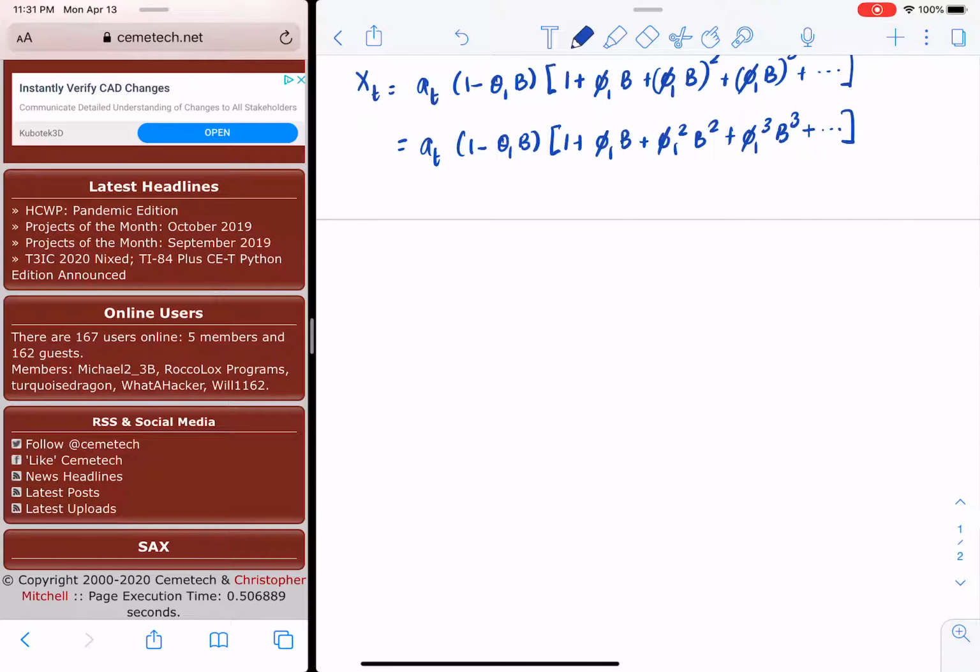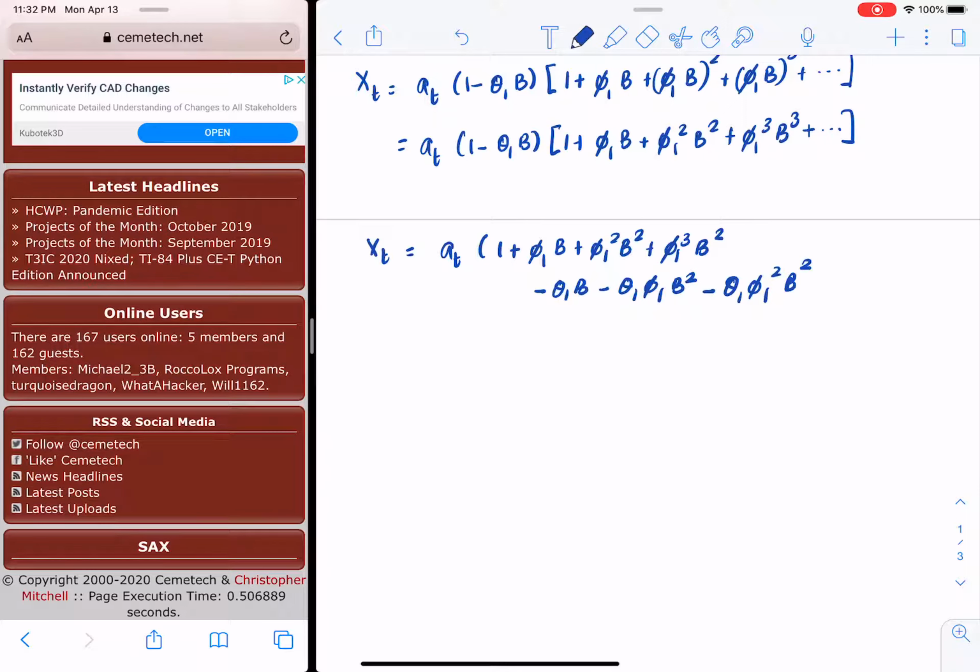And now I'm going to FOIL, so I could rewrite this as x_t equals a_t times (1 plus phi_1 B plus phi_1^2 B^2 plus phi_1^3 B^3, minus theta_1 B minus theta_1 phi_1 B^2 minus theta_1 phi_1^2 B^3 minus theta_1 phi_1^3 B^4, and so on).